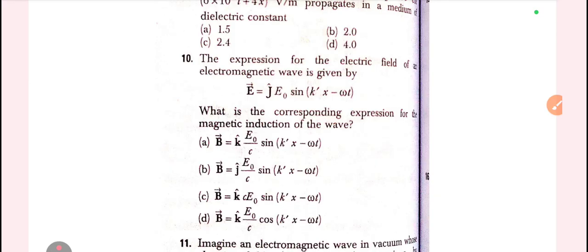The revisionary series continues. Here I will take from question number 10. The expression for the electric field of an electromagnetic wave is given.